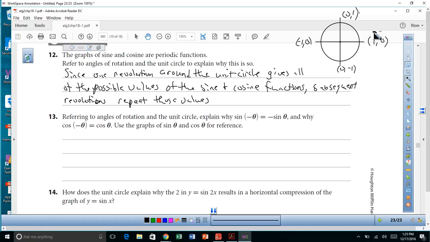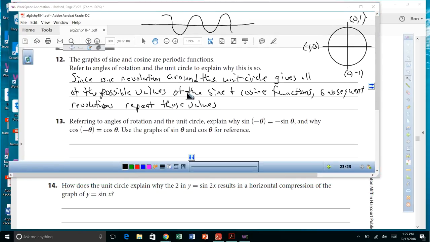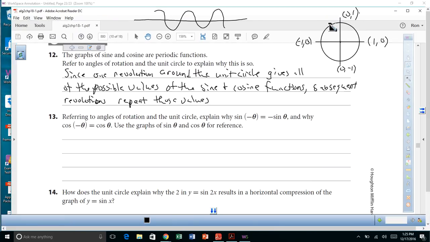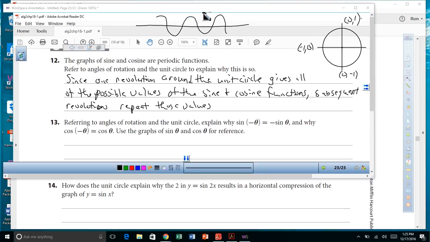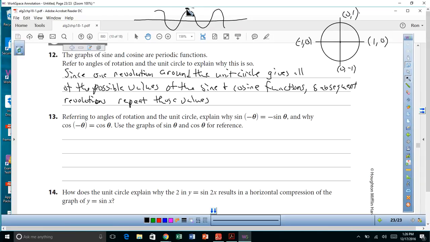Right here, cosine starts there, it goes to 0, -1, and all those values in between, and then when it gets here, that's why it goes like this. And that would be the y-axis. And that's why it just keeps on repeating.